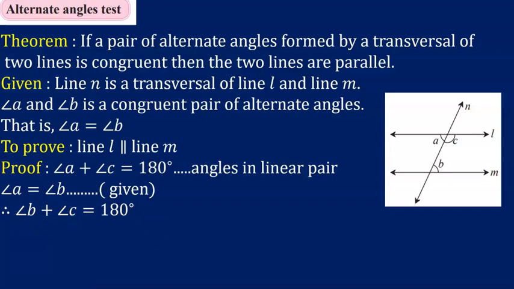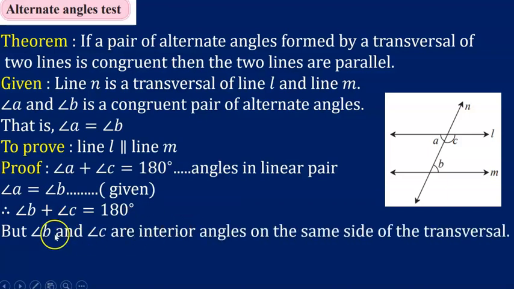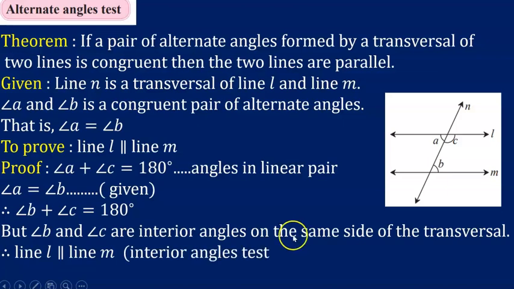Here we are replacing angle A by B. Now, angle B and angle C are interior angles on the same side of the transversal, and therefore line L is parallel to line M by using the interior angle test.